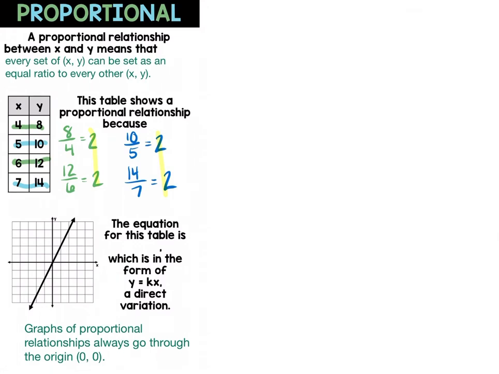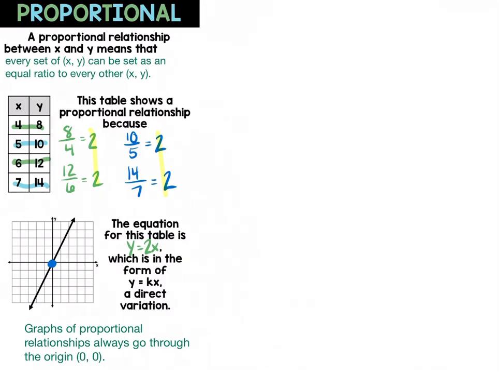So if you're looking at a graph, it has to go through the origin for it to be proportional, and it has to be a straight line for it to be proportional. So for this table and this graph, the equation is y equals 2x. We found the 2 from when we divided by 2 on everything, and then we used the form y equals kx, so k is 2.